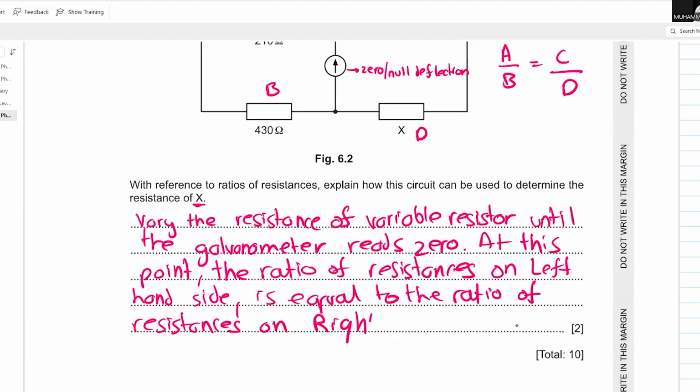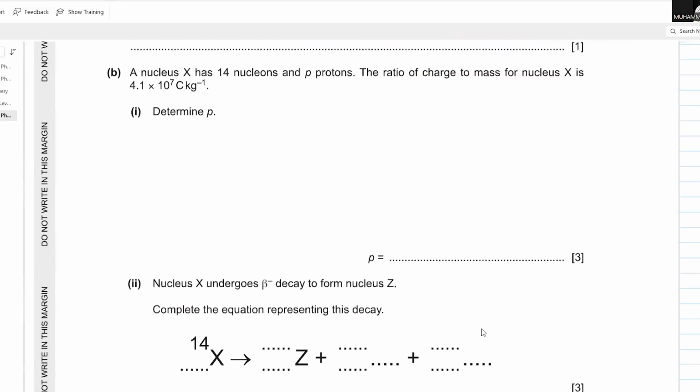Simple as that, nothing complicated here. Let's further move ahead.